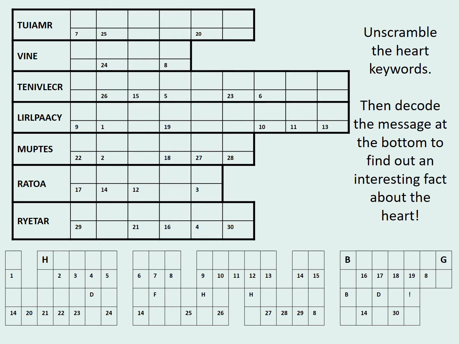So the first thing you need to do is work out what the words actually are, and then you'll notice that for the spaces that you put those letters, there is a number. So if you have got a letter for number 7, then if you go to the bottom, wherever there's a number 7, you can put that letter. Okay, and it works out a little code.